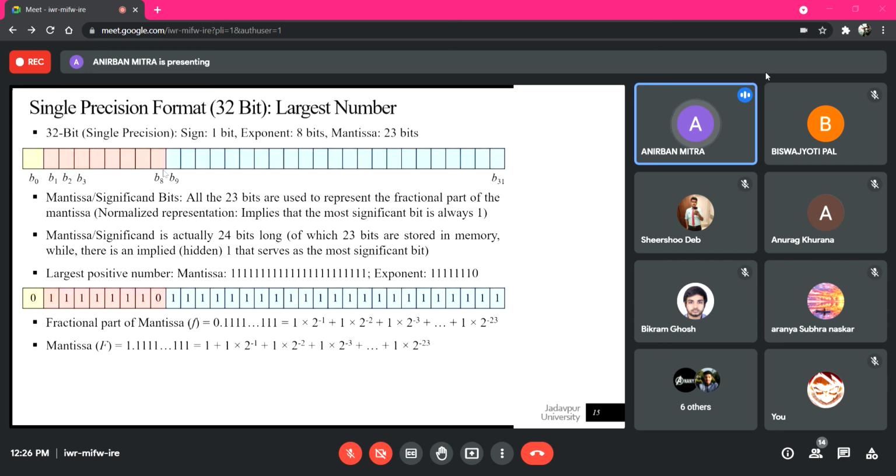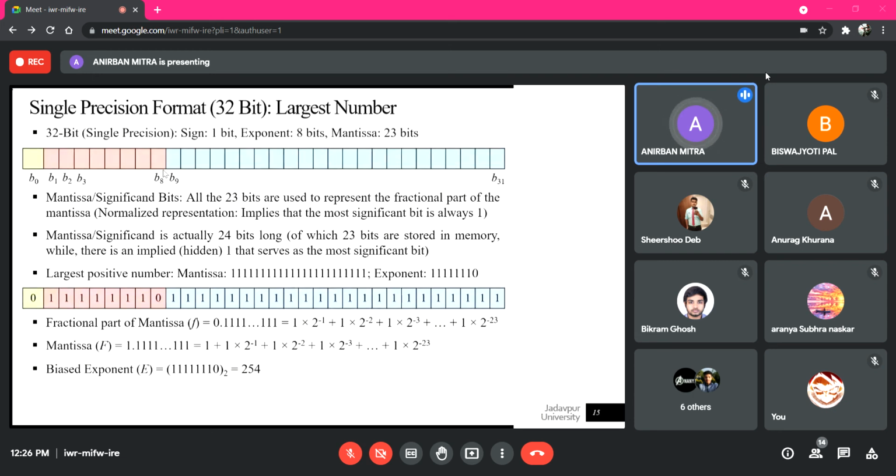Quite easy really, we just go on adding up 2 to the power minus 1, 2 to the power minus 2, up to 2 to the power minus 23. Then we add the most significant bit, which is simply 1, because this is going to be 1 into 2 to the power 0. 2 to the power 0 is 1, so that has a 1 in the most significant bit. So that is the mantissa part.